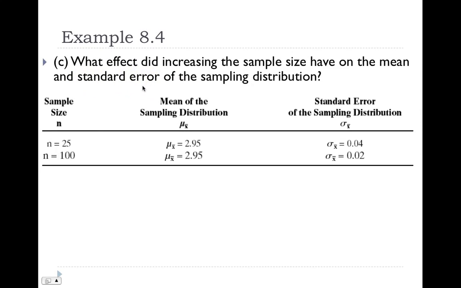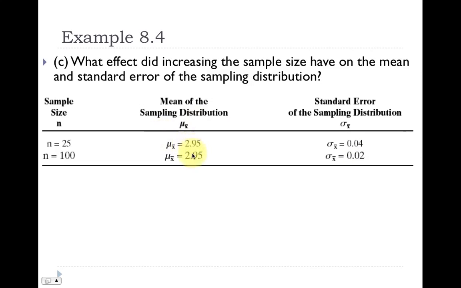Okay, if you take a look at what mu sub x bar is, in both cases, it's 2.95. When n is 25 and n is 100, mu sub x bar is still 2.95. When you look at the standard error, when n is 25, it is 0.04. When n is 100, it is 0.02. So what effect did increasing the sample size have on the mean of the sampling distribution? Nothing.